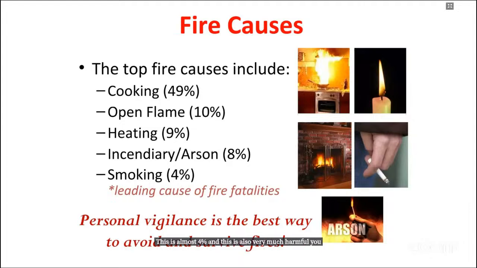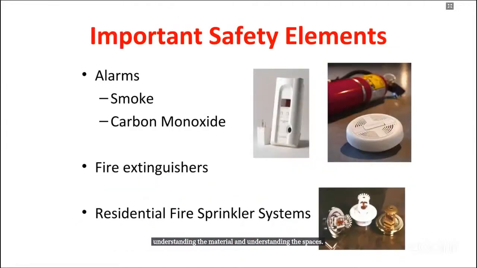You are basically here to understand which type of fire is caused by which type of action, and then in which category it is being categorized, and then which extinguishing portion that category falls into, and understanding the material and understanding the spaces. Next.